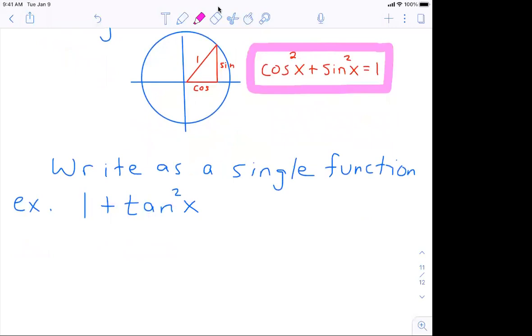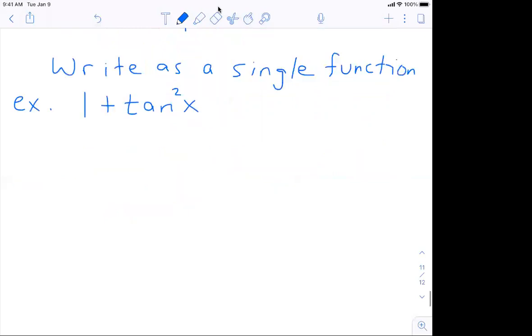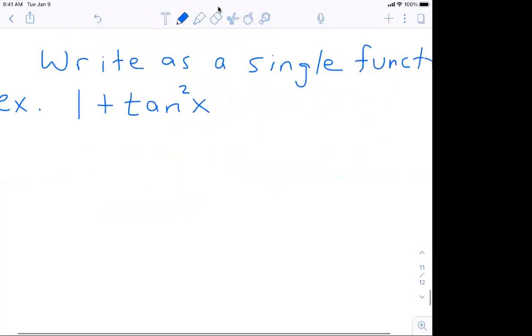All right, so here's how we start these trig identities. The first thing I think is always the best way to go about it is write everything in terms of sines and cosines. Because remember that tangent is sine over cosine. So that means that tan squared is sine squared over cosine squared.